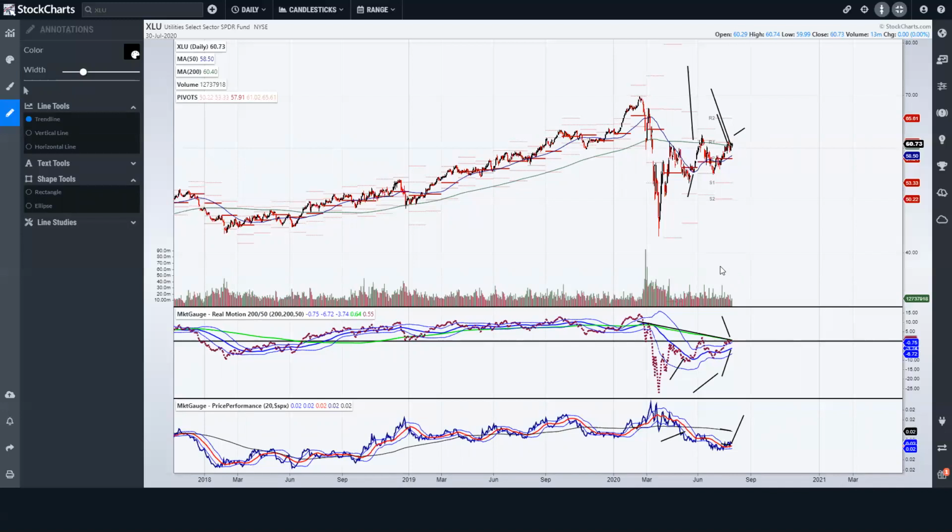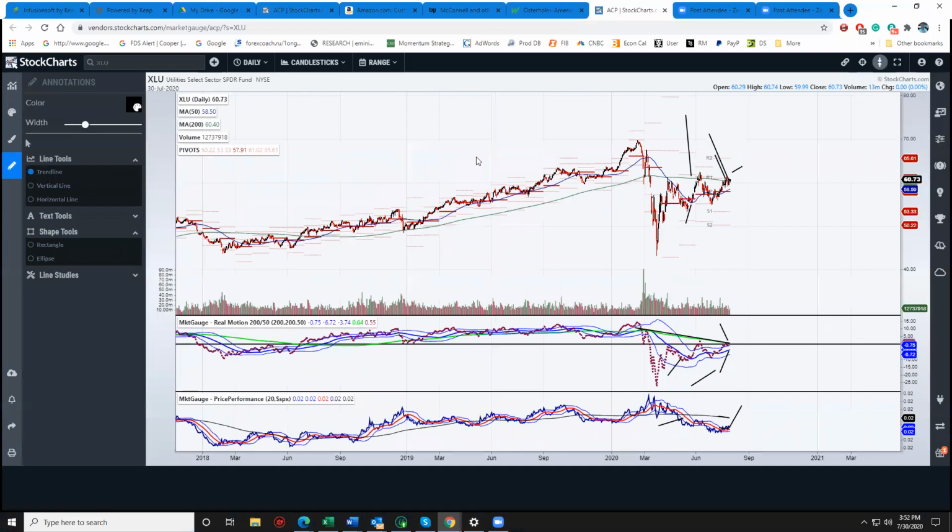So maybe with this extra strength here, we're going to get a flip and the S&P will resume leadership. But again, this is an important relationship to follow. At the moment, as of the close, it's showing basically risk off because utilities on a relative basis outperform.